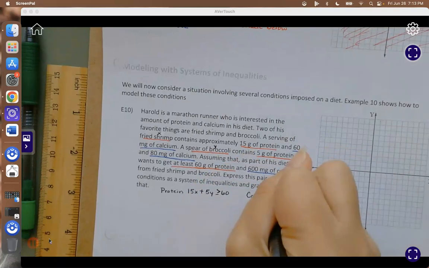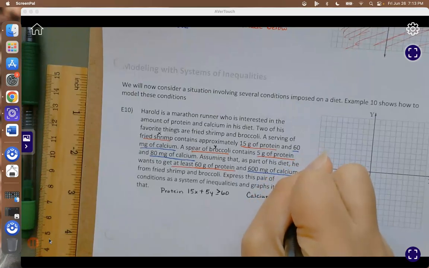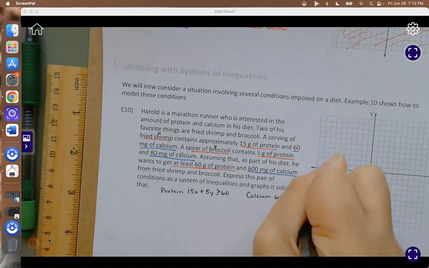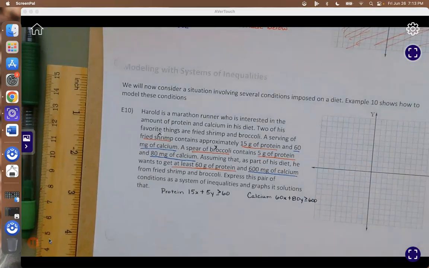So for calcium, 60x plus 80y is greater than or equal to 600. Okay, so now we just solve both of these and graph them.